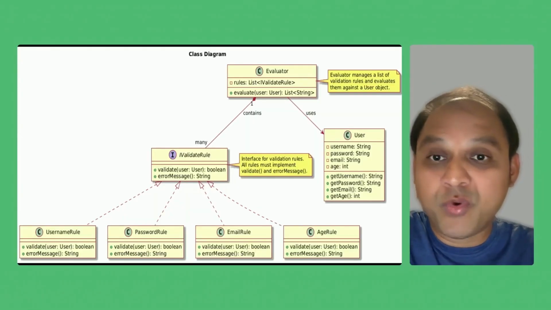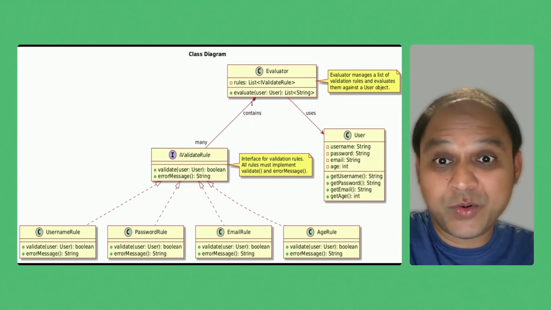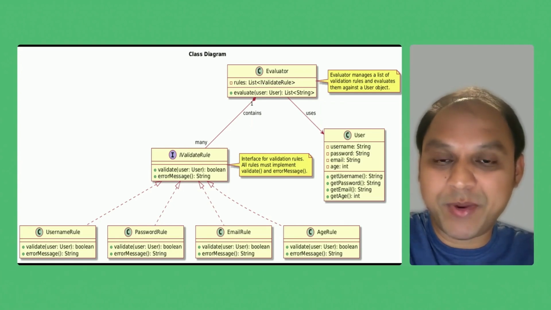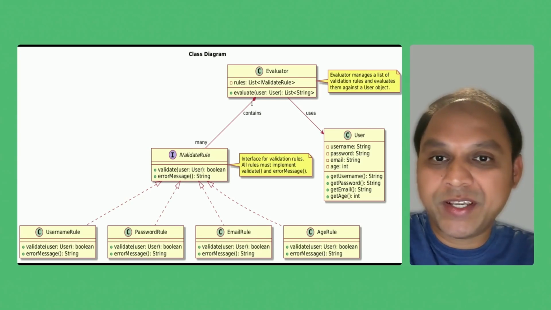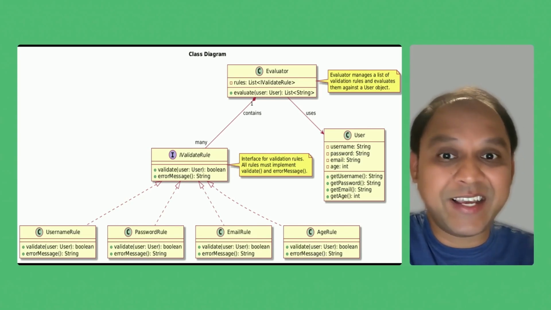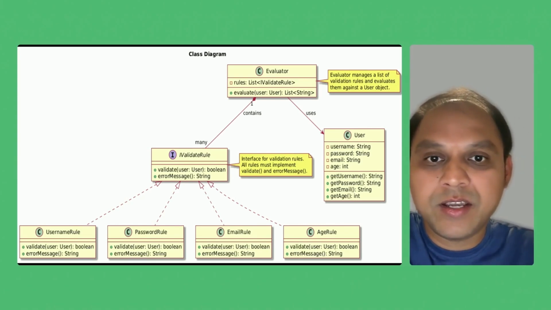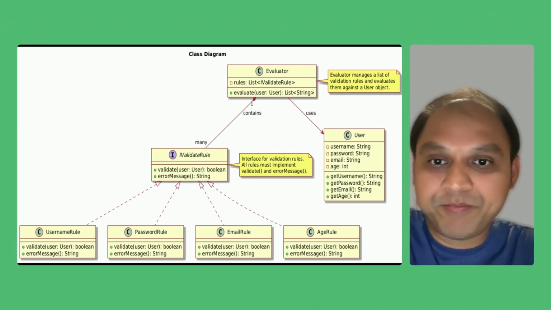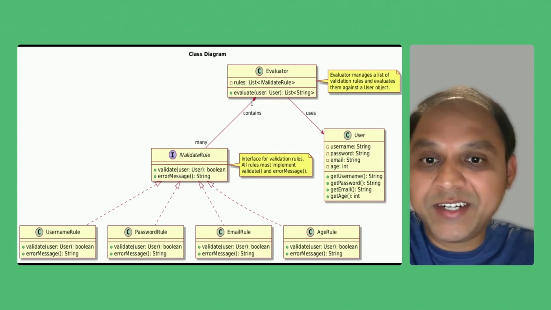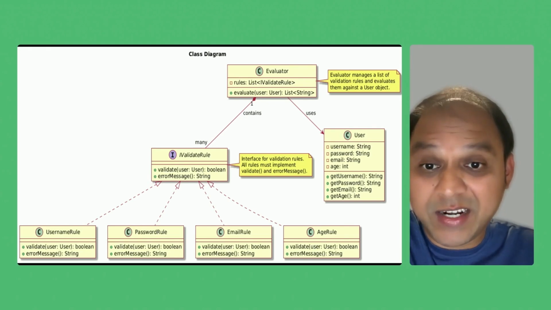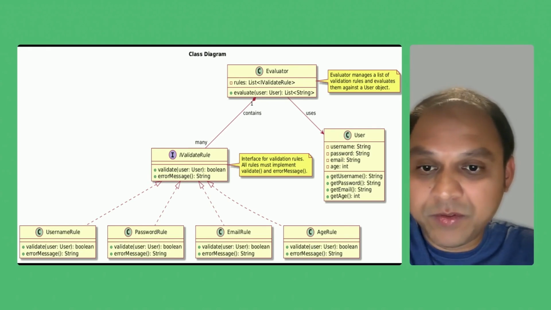Now, I wanted to refactor that legacy code by using the rules design pattern. Before diving into the code, I wanted to showcase how my class diagram looks like. If you look at this class diagram, I have created an interface to validate the rules, and then there are a couple of rule implementations.